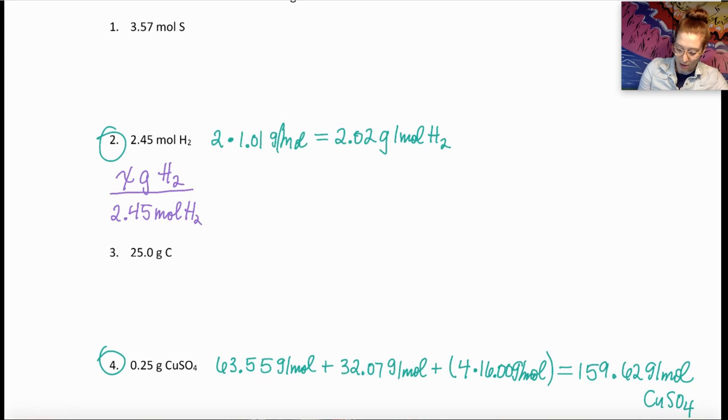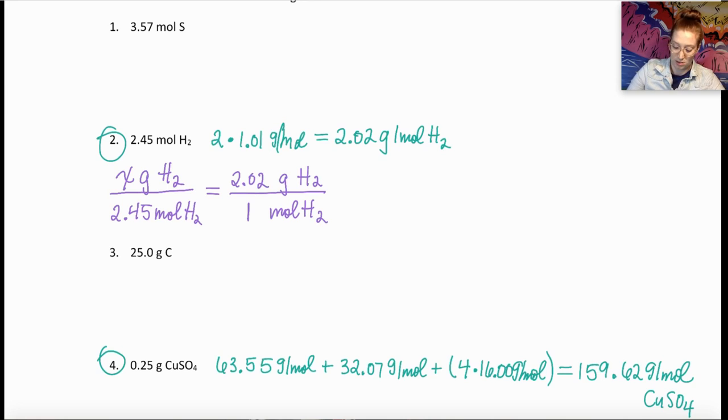Notice how I'm keeping the units and the substance, whatever our element or compound is that we're looking at, when I'm putting my units on here. That's going to be important later on, that we're keeping track not just of the units, but also of what substance we're looking at. Okay, molar mass, match up your units so that they are on the correct part of our proportion. We want grams on top, we want moles on bottom so that they match. This is for every 1 mole, there's going to be 2.02 grams of hydrogen.